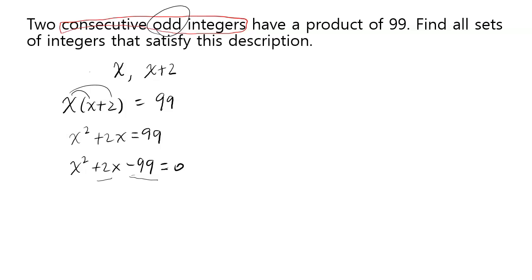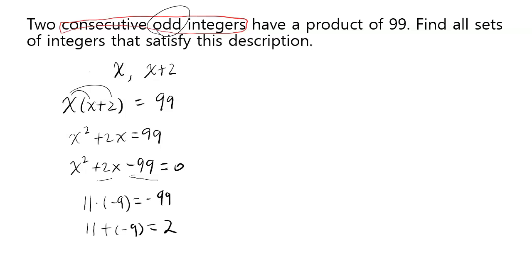So the summation will be like a difference of two positive numbers. And it occurred to me that 11 times negative 9 is negative 99, and 11 plus negative 9 is indeed 2.